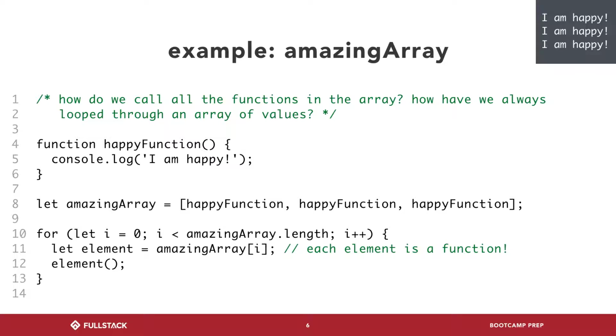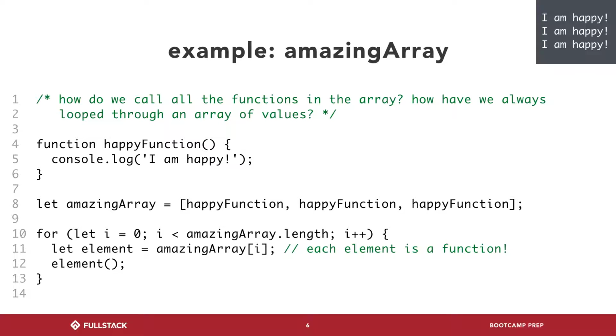And so just to wrap up this slide. Once we've created our variable called amazing array, which is an array with three things, we then are able to loop over the array like we do any other. And then we say let element equal amazing array index i, right? This is something that hopefully by now we're familiar with, in that it lets us get access to each individual element.